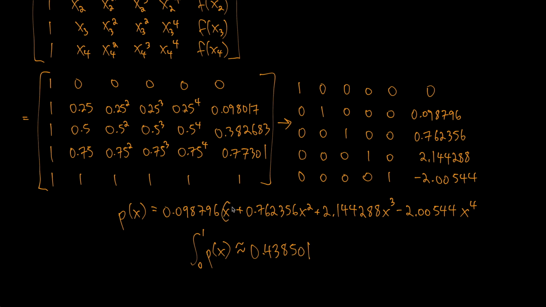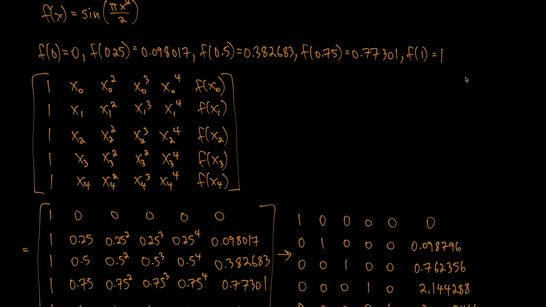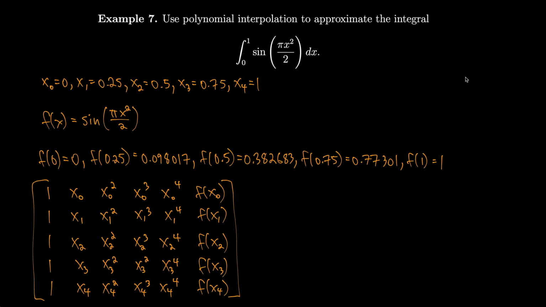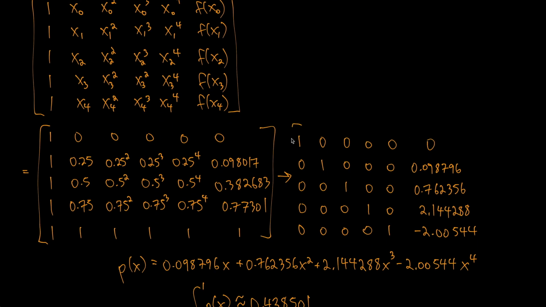Remember, you just do x squared over 2, x cubed over 3, x to the fourth over 4, x to the fifth over 5, evaluated at 1. You won't need to evaluate at 0 because when you subtract off, 0 will kill all these. So it's a pretty easy integral to do compared to this very difficult integral. Oh, and I forgot to put my brackets for my matrix over there.